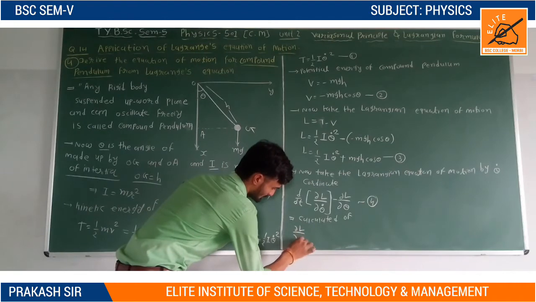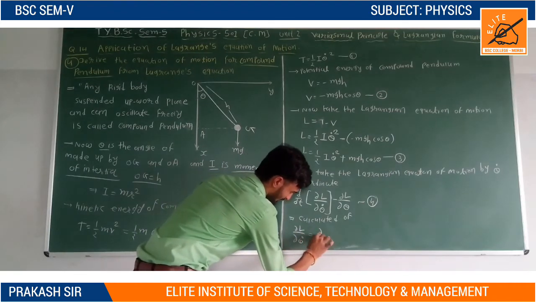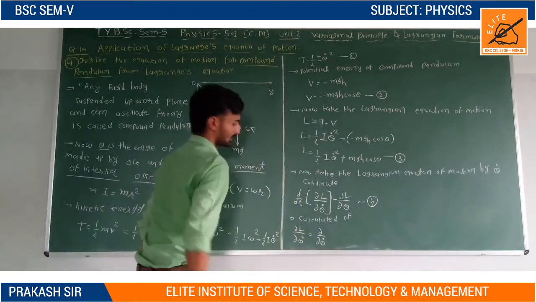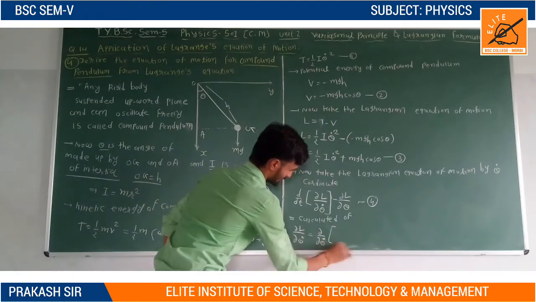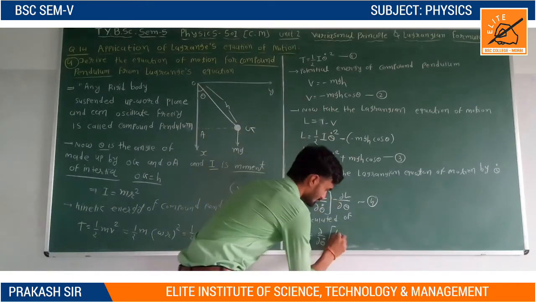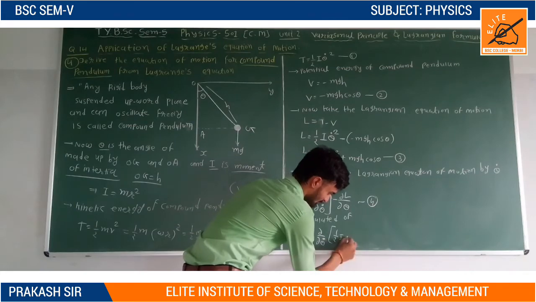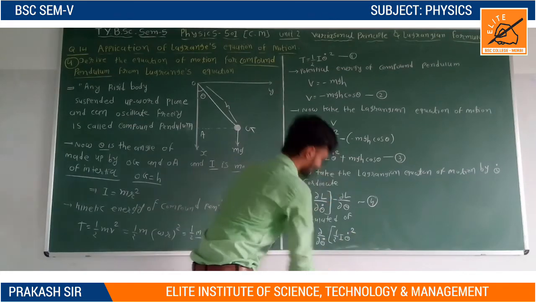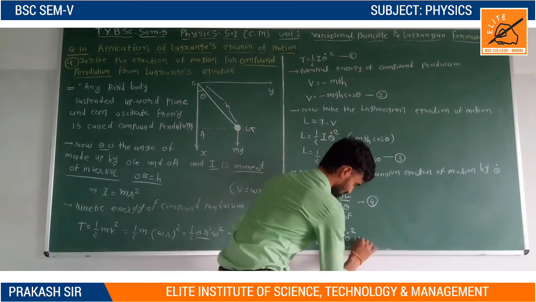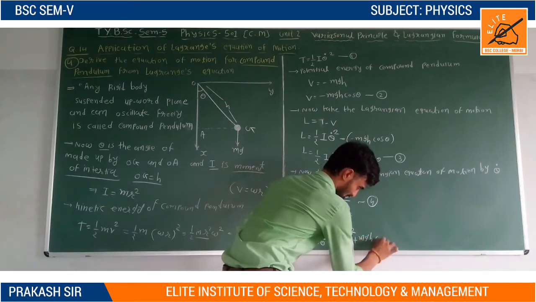Now calculate del L upon del theta dot. L is 1 by 2 I theta dot square plus mgh cos theta.